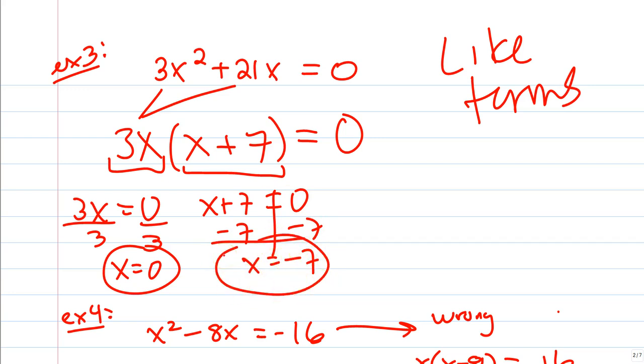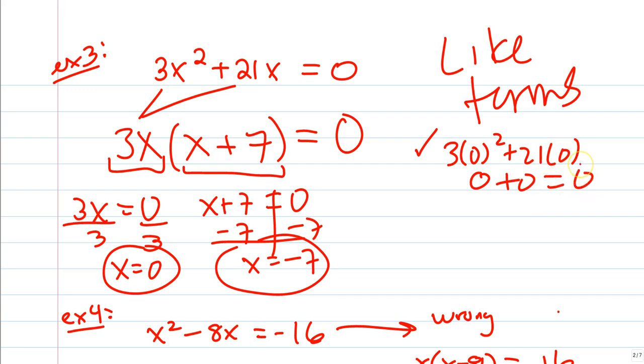And what I love about this chapter is we can check it. Look, what is 3 times 0 squared plus 21 times 0? What is 0 plus 0? See, that 0 is one of our solutions. What if I put in negative 7? This one's not going to be as pretty. It's going to be 3 times negative 7 squared plus 21 times negative 7.